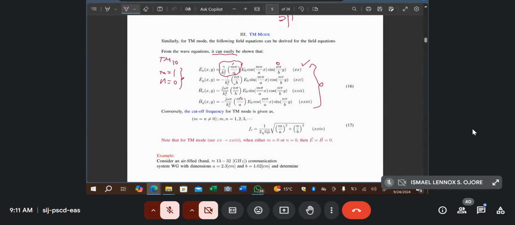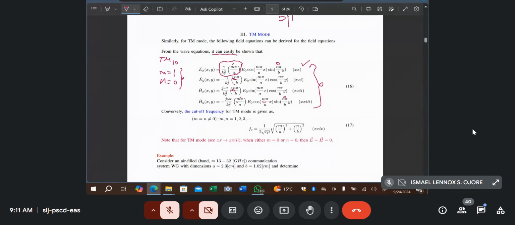Then we go to Ey. Because n is 0 here, Ey will vanish also, isn't it? Because that's the amplitude. Then Hx, so long as n is 0, vanishes. Then Hy, m is 1, so that's okay, but then we have a 0.